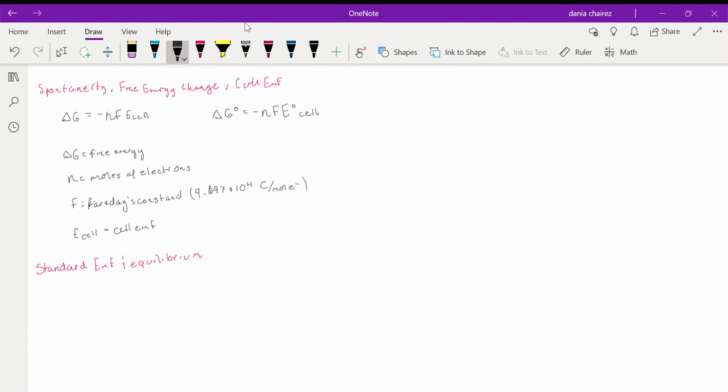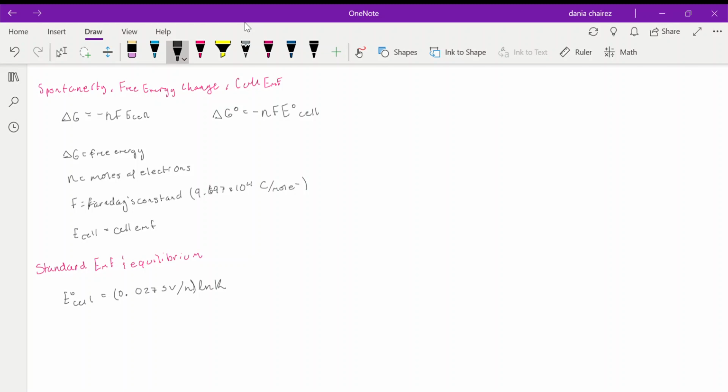So the equation that we use for standard EMF is E naught cell is equal to 0.0275 volts divided by n moles times ln of K. And there's another version with the logarithmic. Instead of ln, it's the actual log base 10.